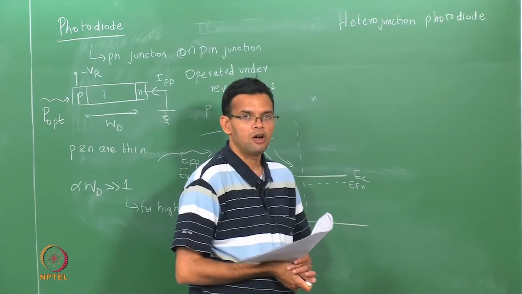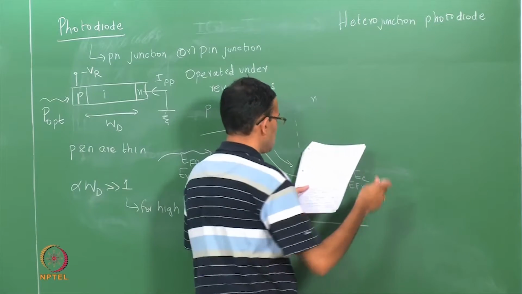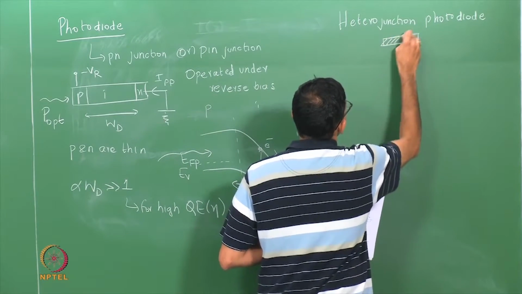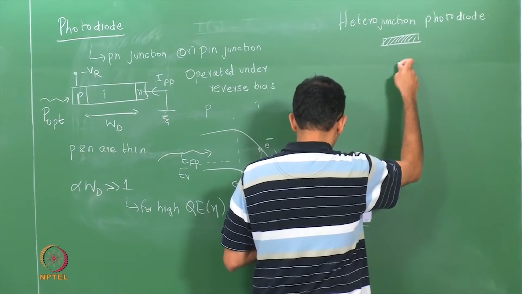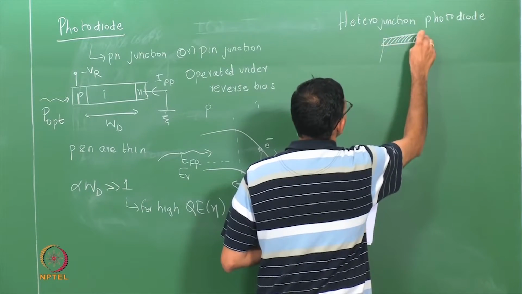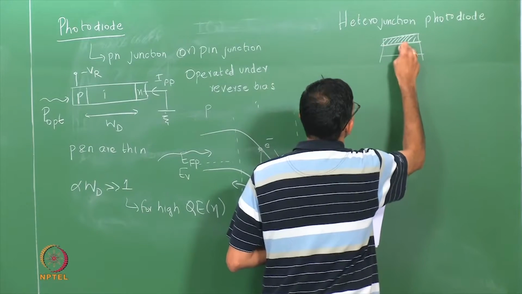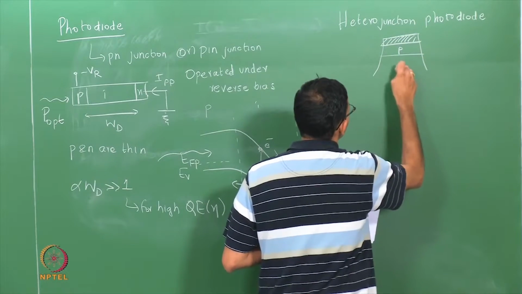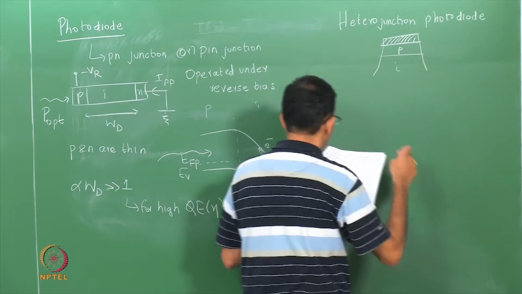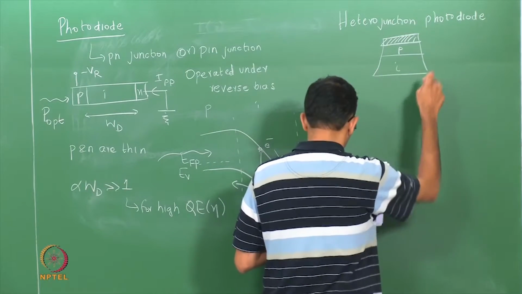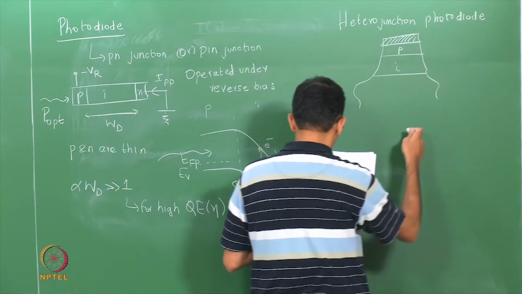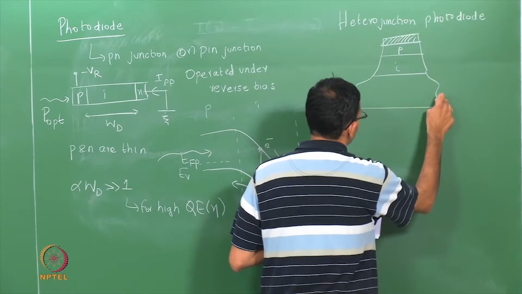So, let me draw a simple schematic of such a structure. This represents the contact. It is my P region, that is the intrinsic region. Then I have the N region.